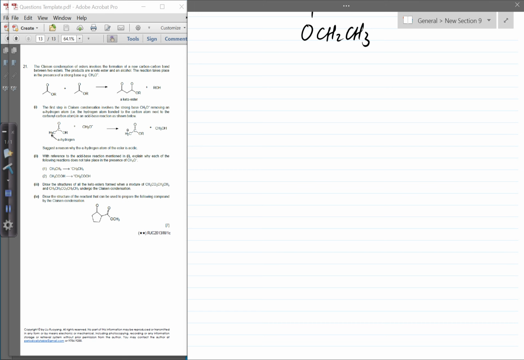So if you have a base and add it to an alkane, of course it won't react, right? You already learned that alkanes are inert, but stating that they are inert doesn't explain the question, right? It's just stating, we are not explaining. So why will the first acid-base reaction not occur?